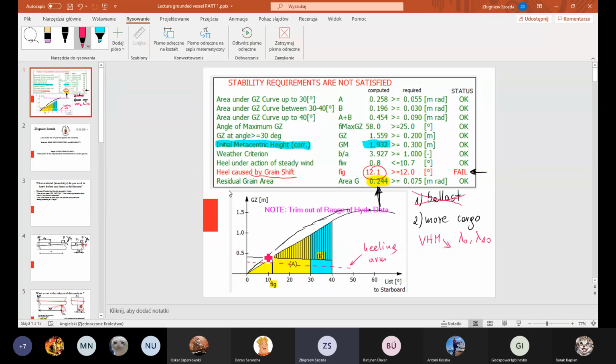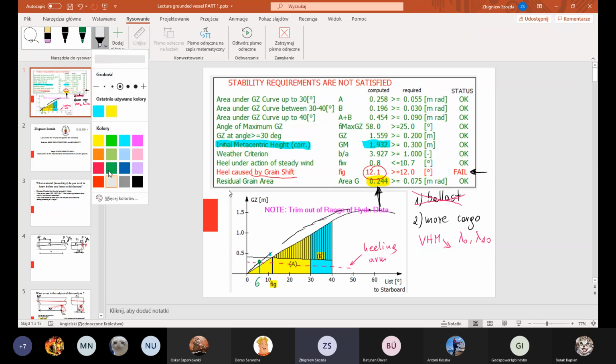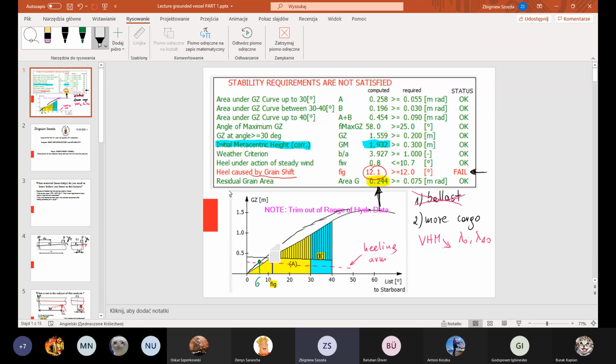Let's say it will be 6 degrees. And the area will be a little bit bigger, taking into account this additional area. Maybe the color is not correct. Maybe I shall use another color like gray. Okay, additional area, and at the same time the angle of heel will be smaller because VHM, volumetric heeling moment, goes down.